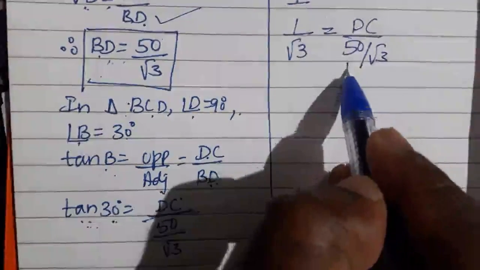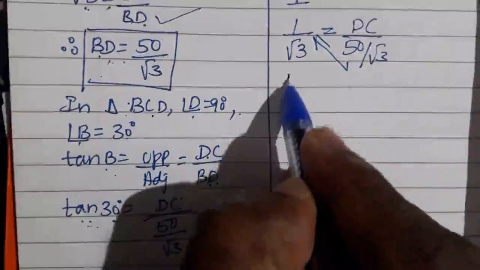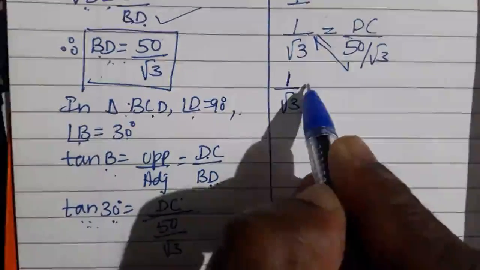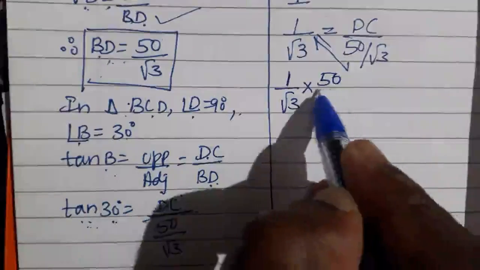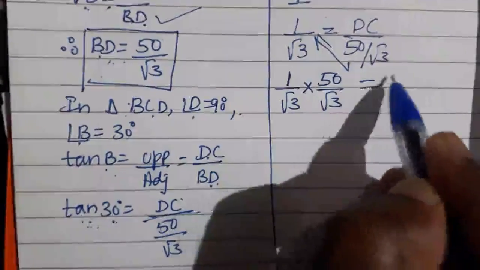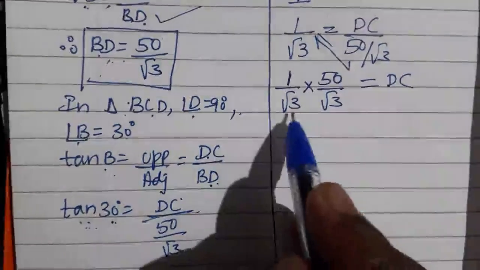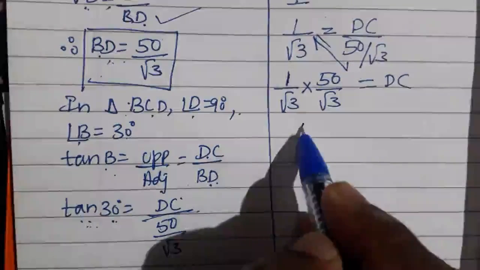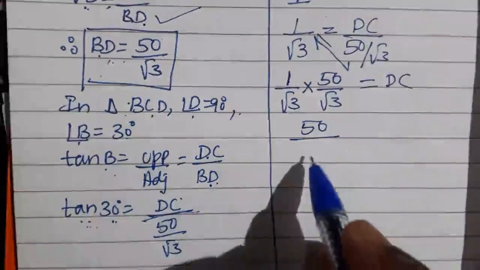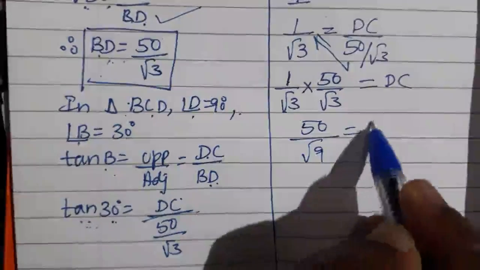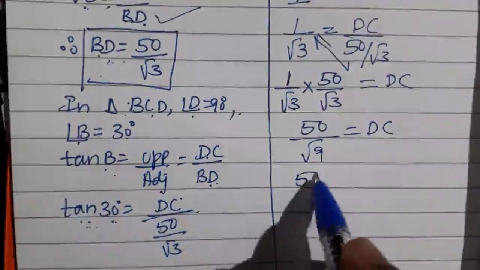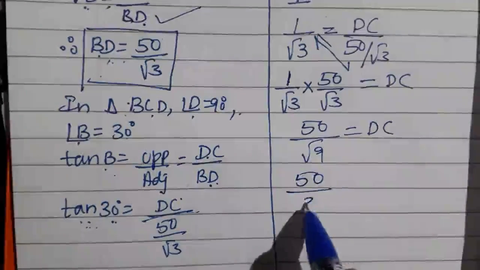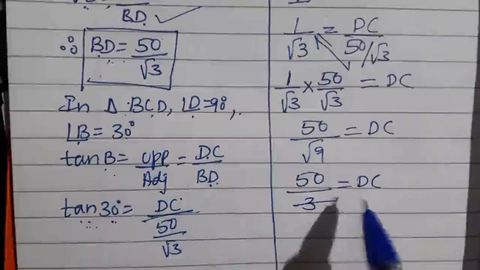Now again cross multiply. 1 by root 3 into 50 by root 3 is equal to DC. Root 3 into root 3 is 3. 1 into 50 it will become 50. So 50 by 3 is equal to DC.